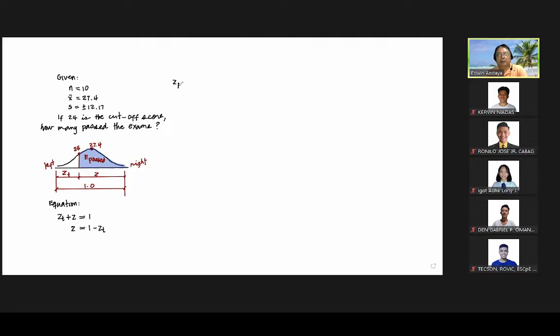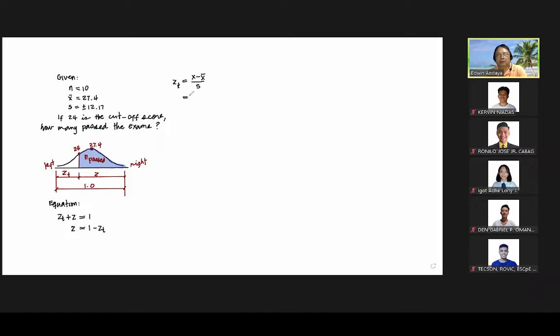From our equation of z, it is the difference between the x and the bar x divided by s.